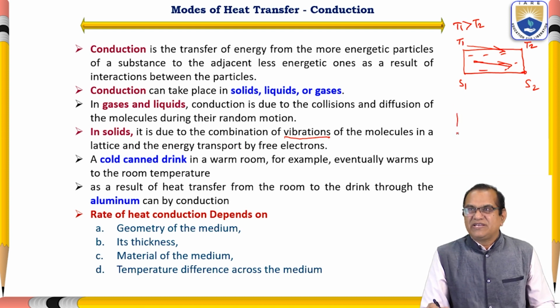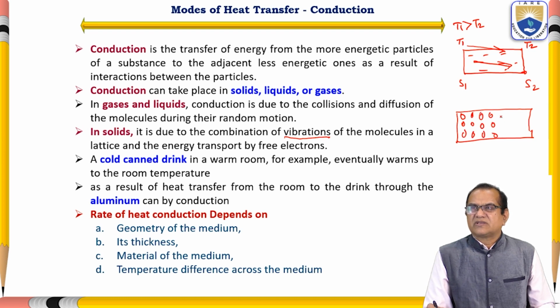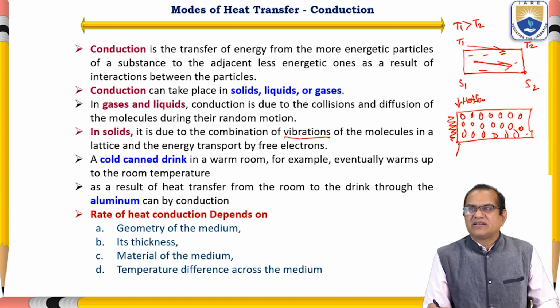So what happens in a solid, how is it happening? The energy transfer takes place like this. These are the molecules. If you give some heat here, a hot source in this zone, what will happen?